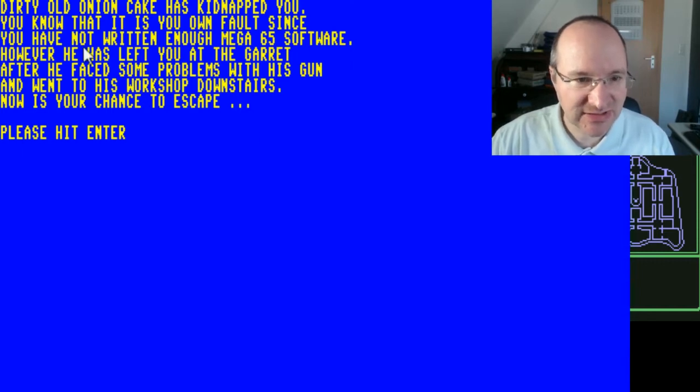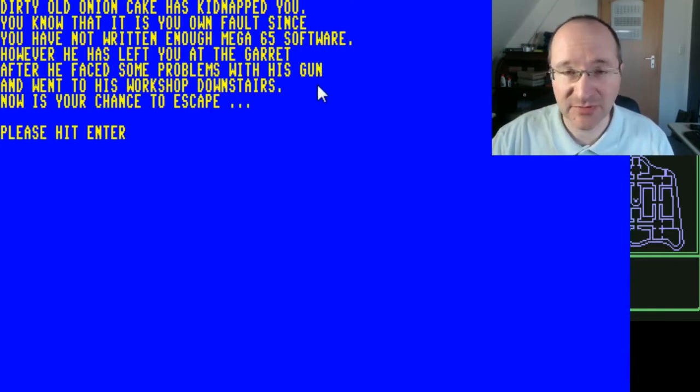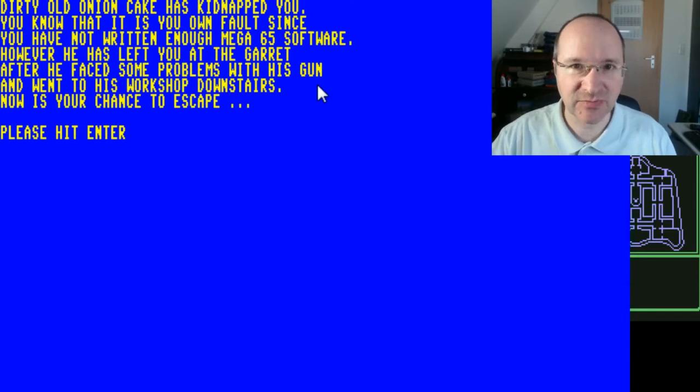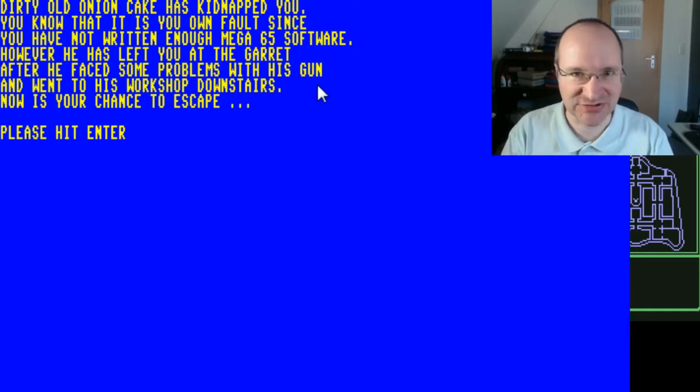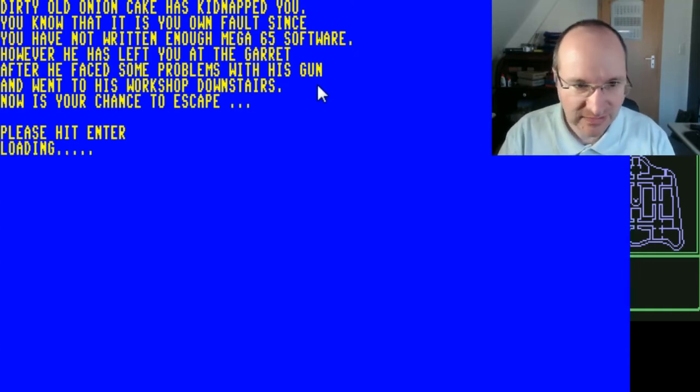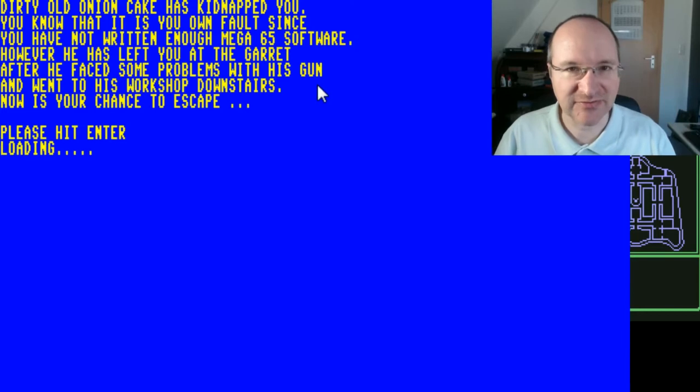Since we have not written enough software, we have been kidnapped, and now we are in his garret, and fortunately he has some problems with his gun. I assume it's a he. So he went down to his workshop to repair this, and now is our chance to escape. And this is the task of the adventure. So yeah, here's the loading phase again.